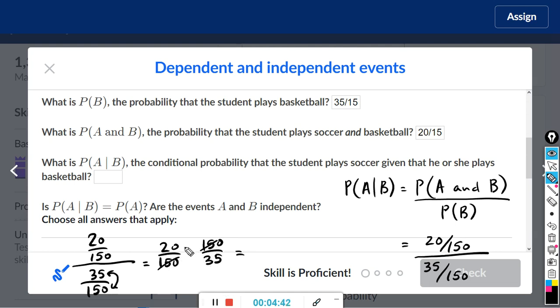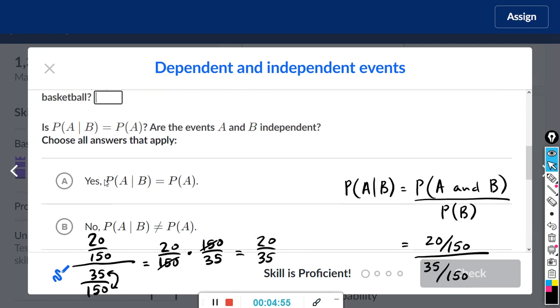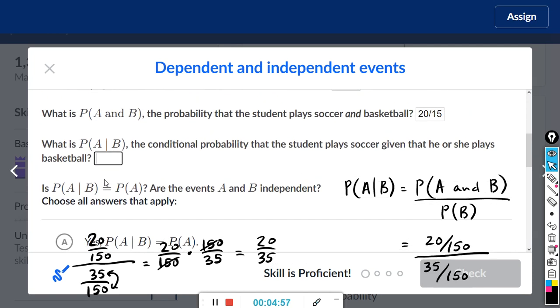You might not have to reduce this. Let me try it as 20 over 35. If they don't take it, I will reduce that fraction. So this is going to be 20 over 35.